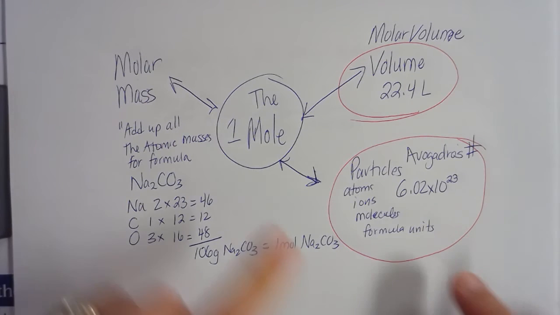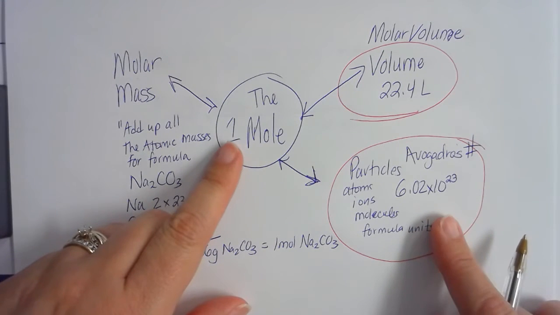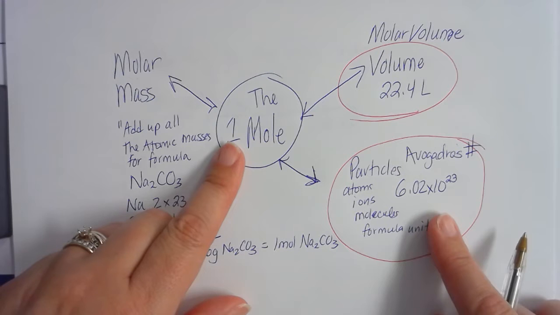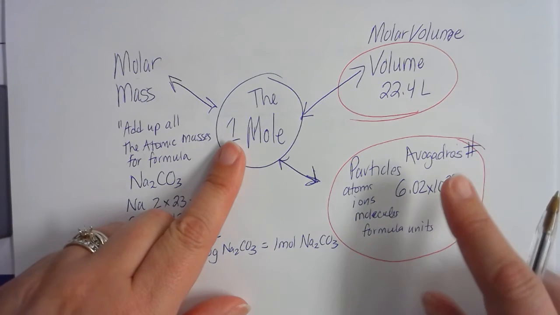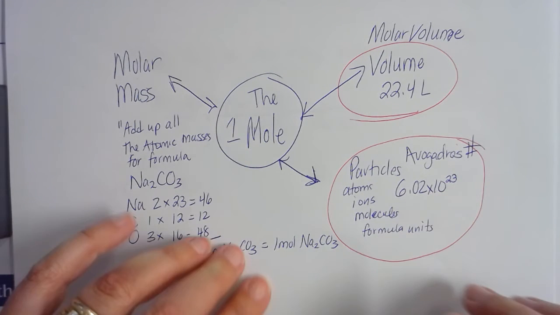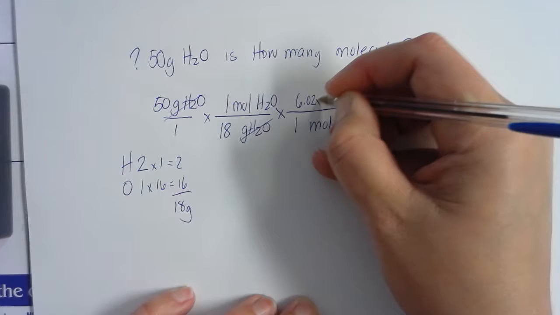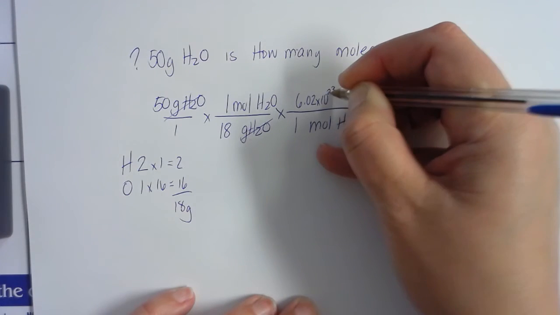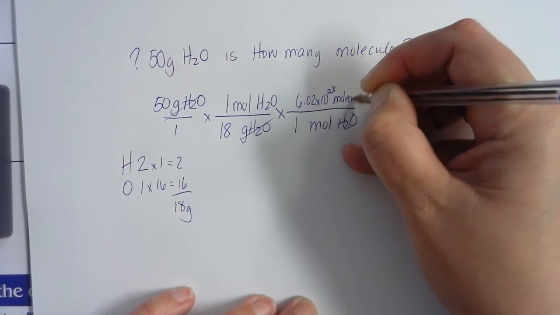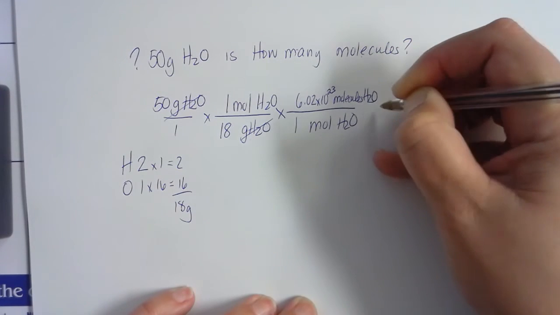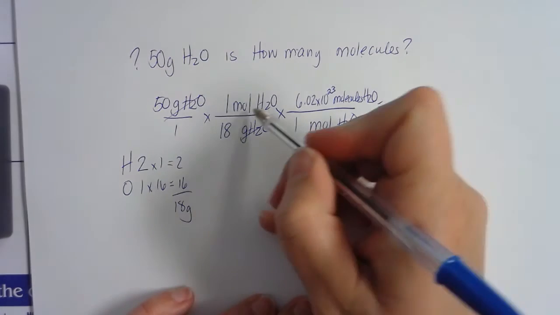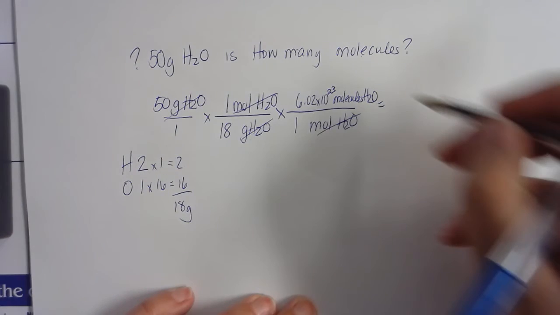Yeah, Avogadro's number. So I'm going to use this road, if you will. I'm going to go moles to Avogadro's number and plug those in. So 1 mole, 6.02 times 10 to the 23rd molecules of water. Okay, do my units cancel? Yep, and I've got molecules of water, which is what I was looking for.